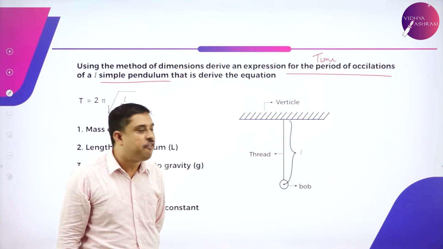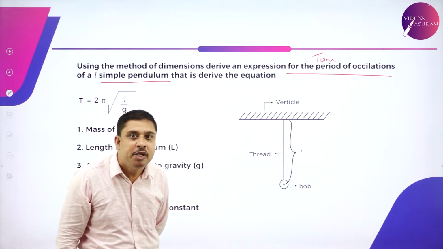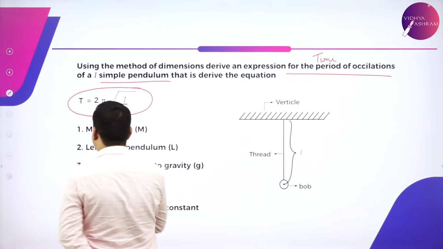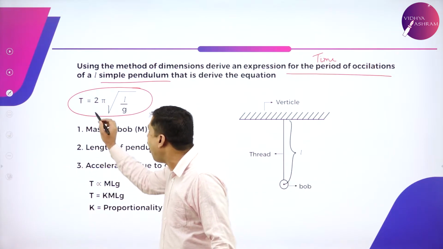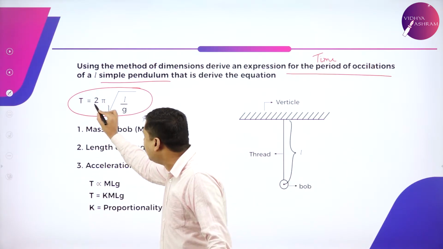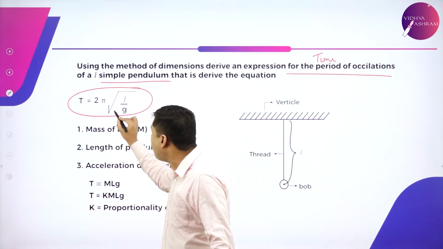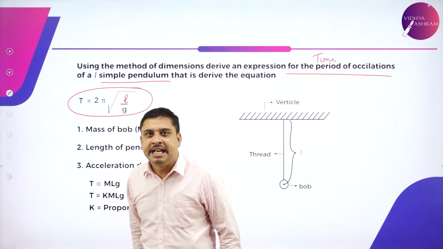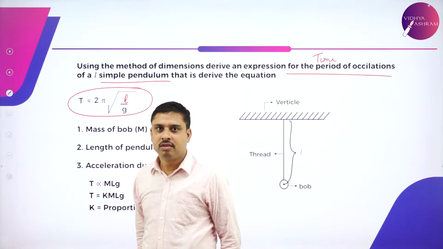So here I derive an expression for the time period of oscillations of a simple pendulum, and that equation is of the standard form: T equals 2 pi root of L divided by g.